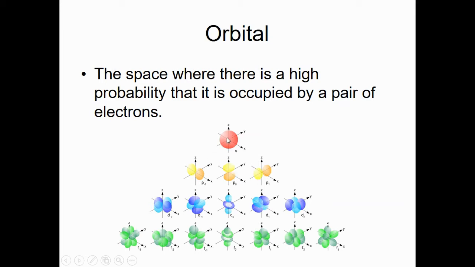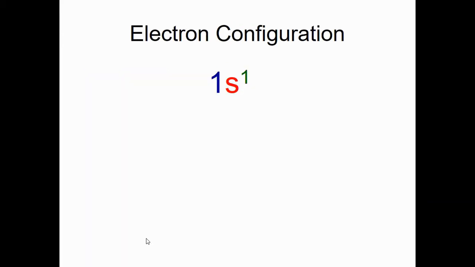For the s orbitals, you have 1 orbital, so 2 electrons. So 2 electrons, 6 electrons, 10 electrons. For the f orbitals, you have 7 of them, 2 electrons each, for a total of 14 electrons in an f orbital space. Okay, so let's go back to electron configuration. Remember, electron configuration tells you how your electrons are arranged.